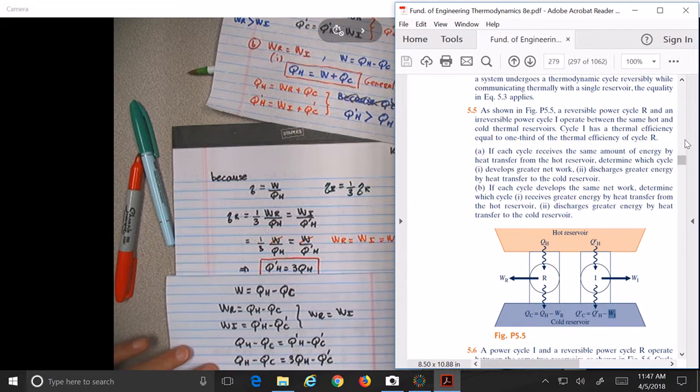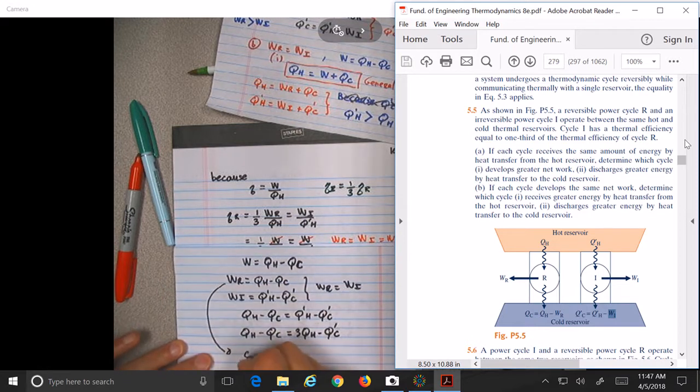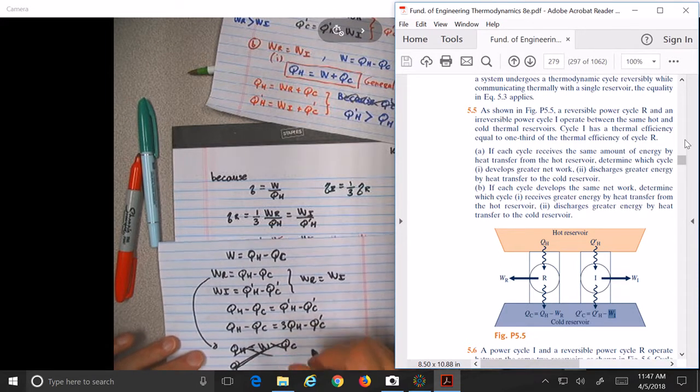no. Oh, okay. Or maybe we can come here and say QH equal W minus Q sub C. No. Alright, the other way around.